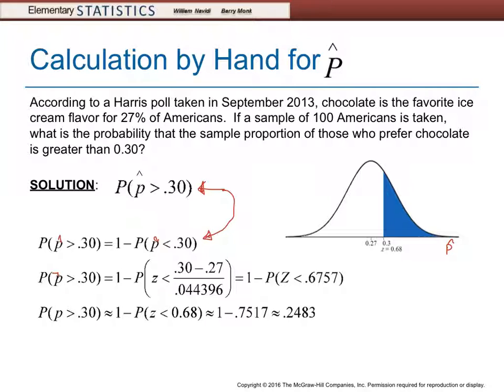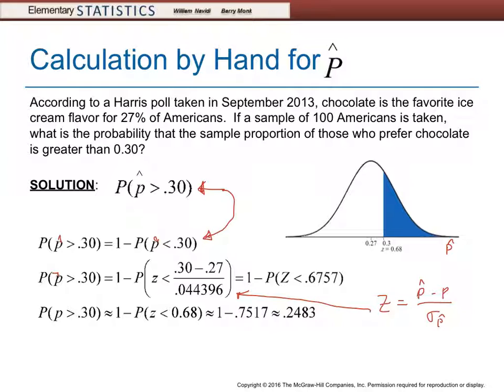Again, we transfer the p hat to a z variable so we can read the table. Don't forget how we do the z: z is p hat minus p, divided by sigma p hat. So that's what we did here, and we get a z value, z less than 0.6753.